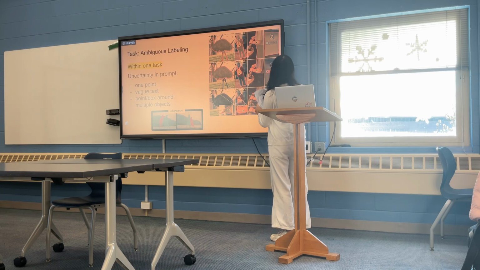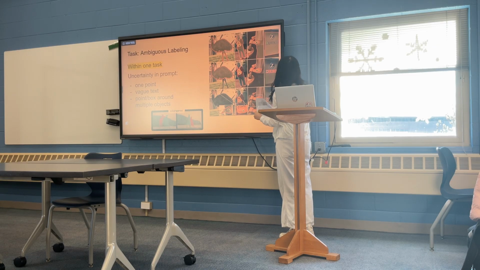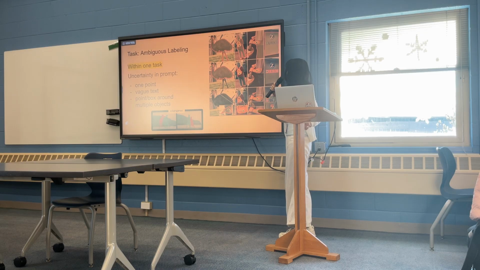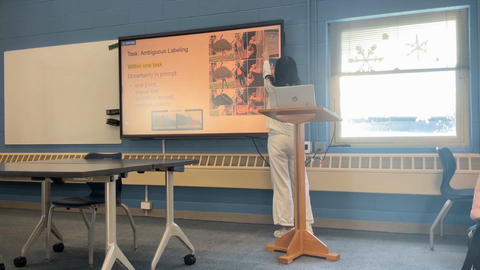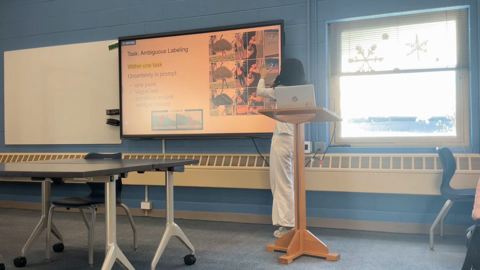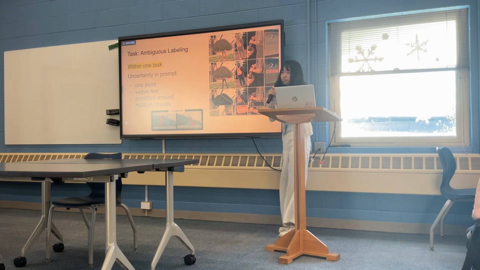So in this column to the right, it might be hard to see, but you can see that there's a point on the Z in Zurich, and the model may not know whether the user wants to segment this entire block here, the entire word Zurich, or just the Z.